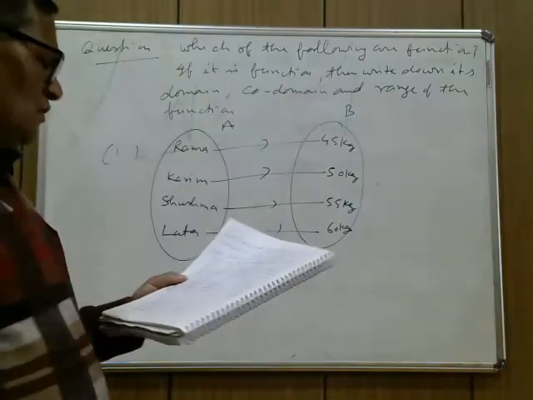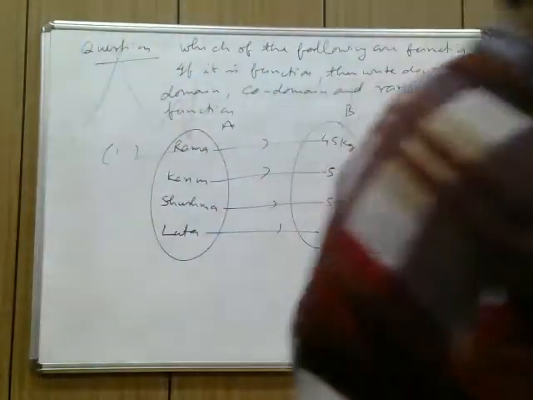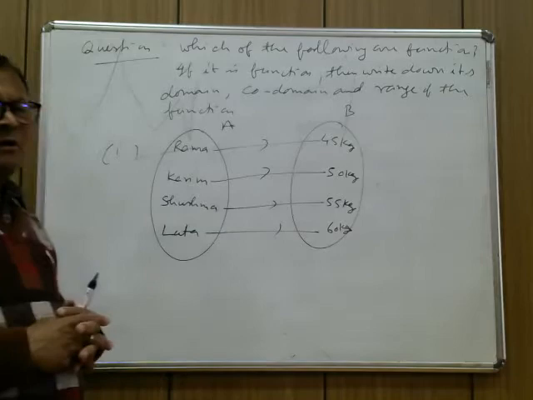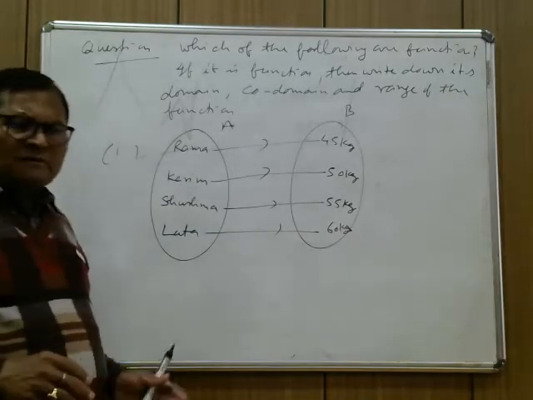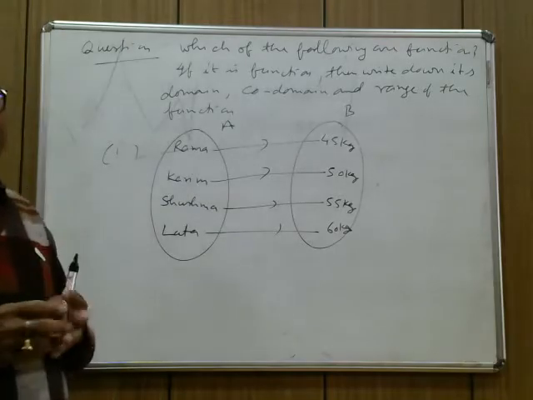Now this is the question, this is the first part. You have to find out whether this given pictorial diagram is a function or not. If this is a function, then you find the domain, codomain and range of the function.